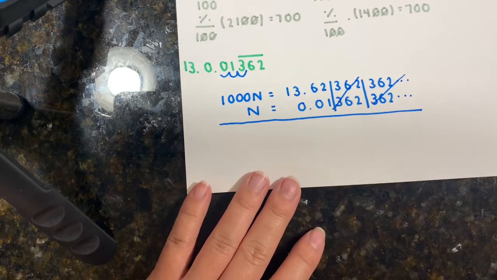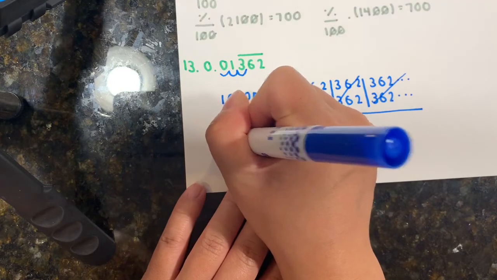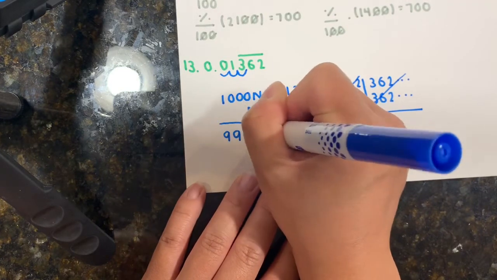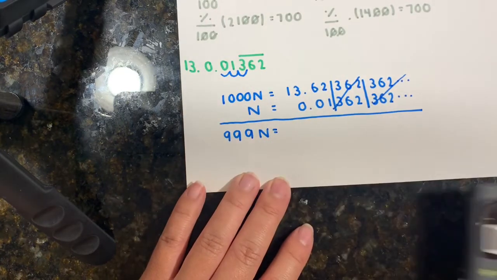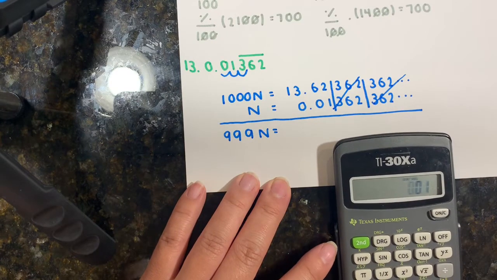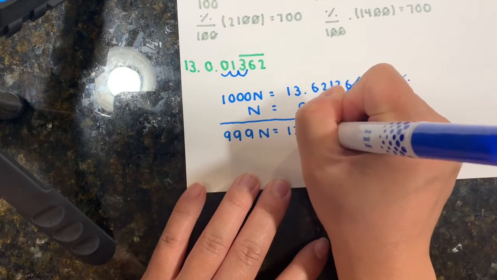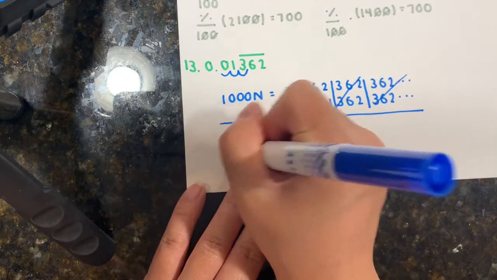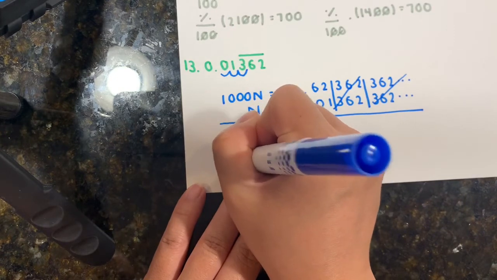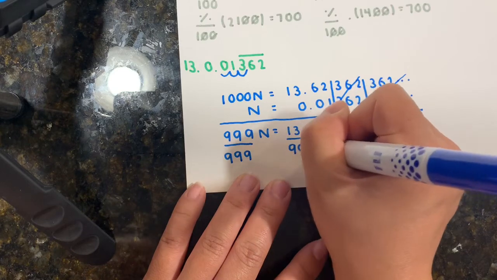And now when I do 1,000n minus n, that would be 999n is equal to 13.62 minus 0.01, which is 13.61. And you're going to divide both sides by 999. But you do need to get rid of that decimal place in the numerator.